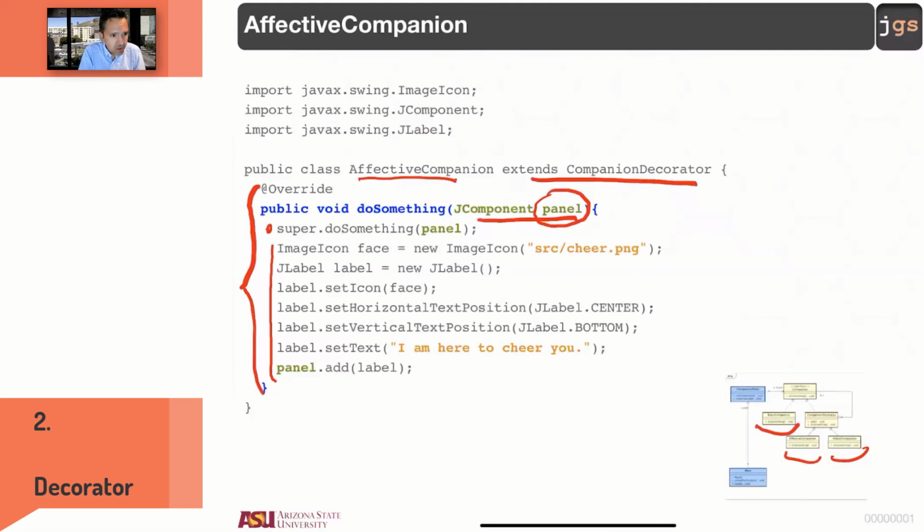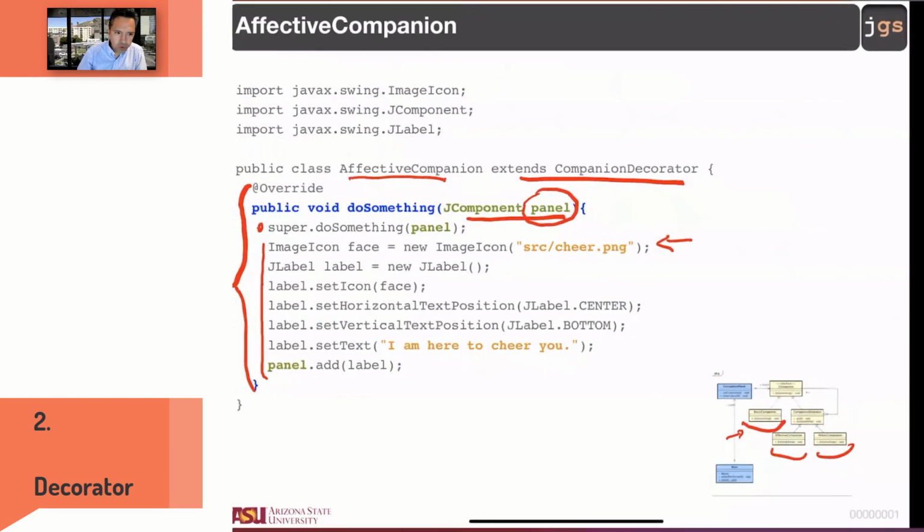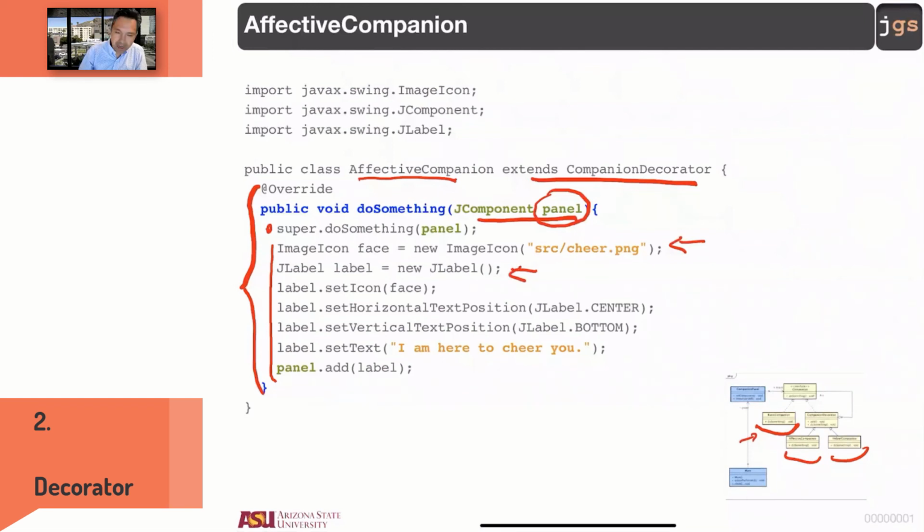The actions that I want to do are very similar to this one. Load an image, put the image in a label, add a text to the label, configure the label, whatever, and add the label to the panel.